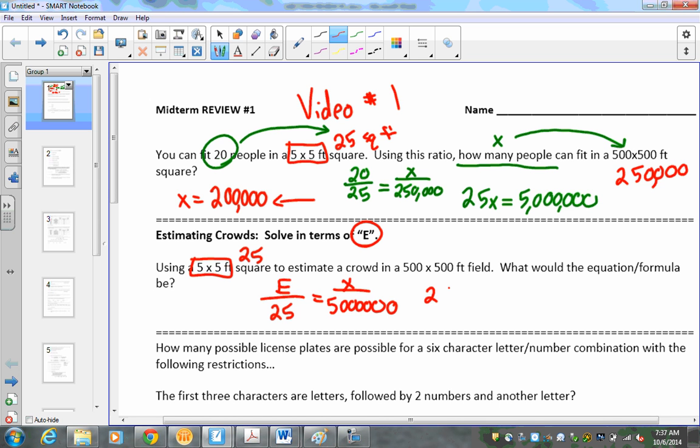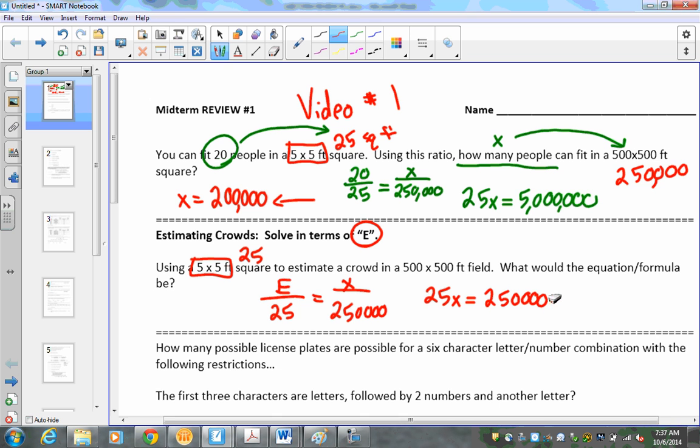We get 25x is equal to, wow, I said 5 million. So you're probably screaming at the screen. That's what it should have been: 250,000.